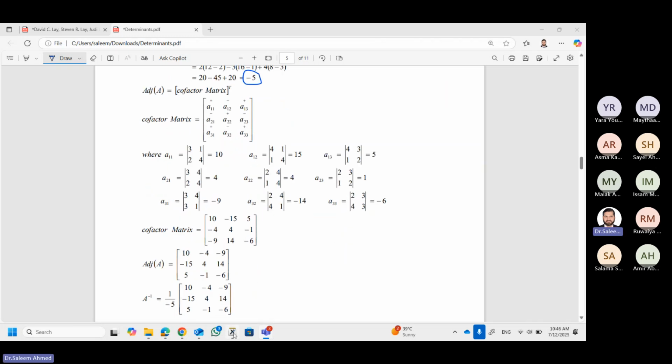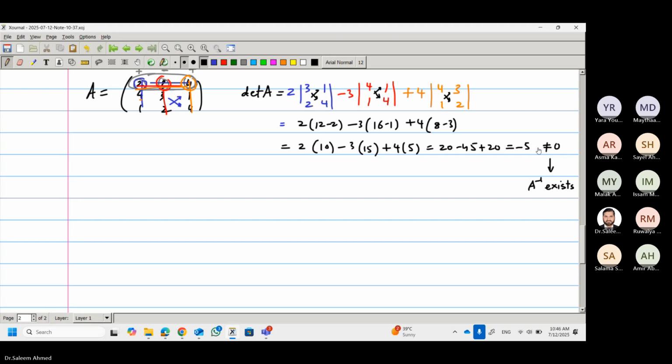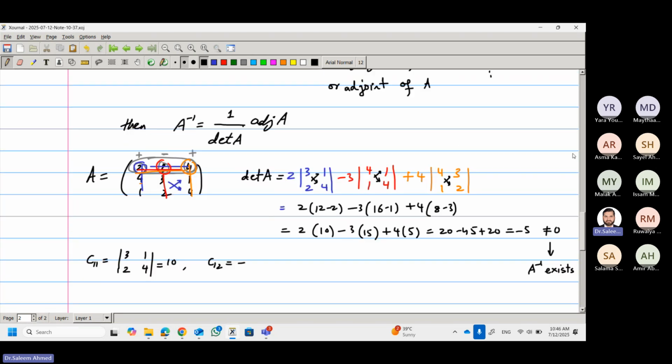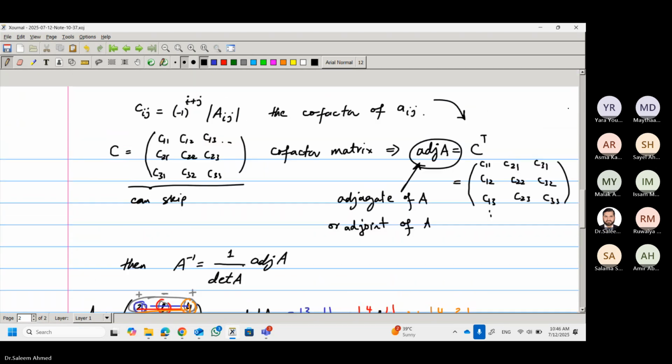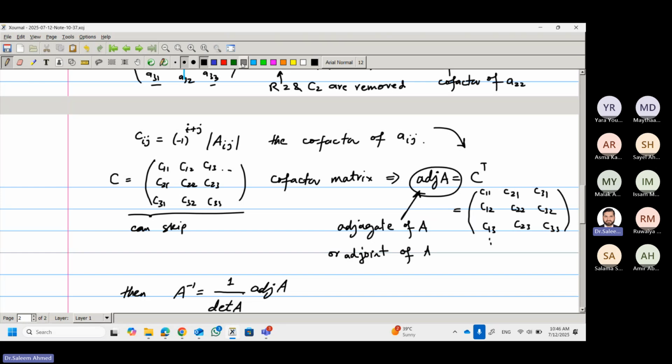All right, so now cofactors. Cofactor C11 means first row, first column gone. So it is 3, 1, 2, 4. So 12 minus 2, 10. Then C12. C12 gets a minus sign because it's minus 1 to the power of i plus j.